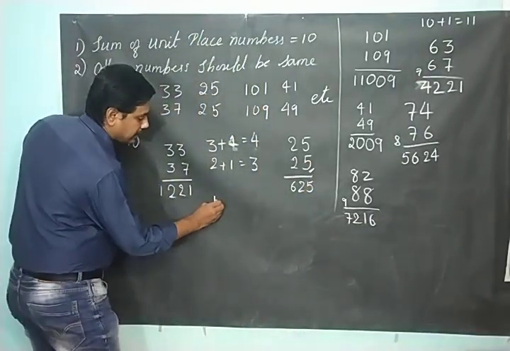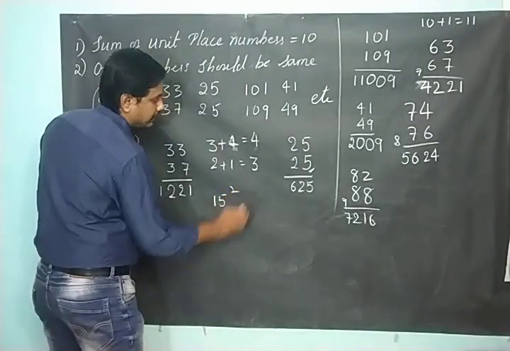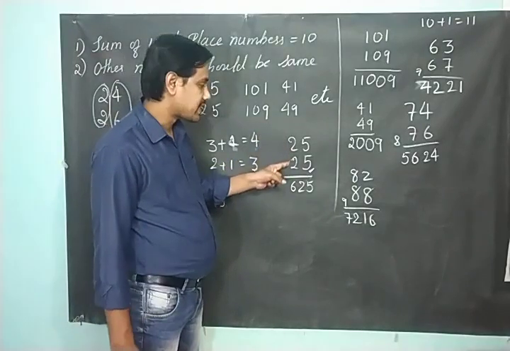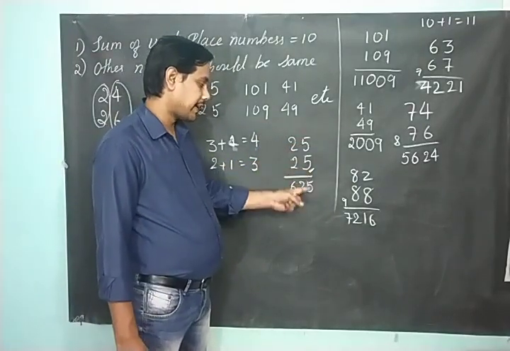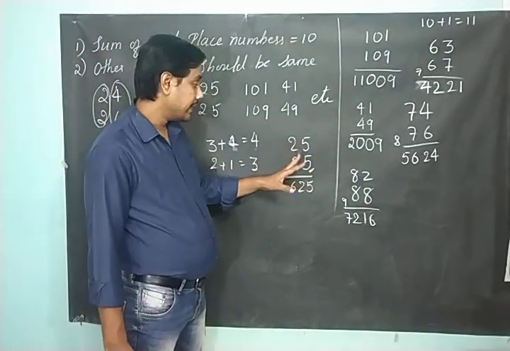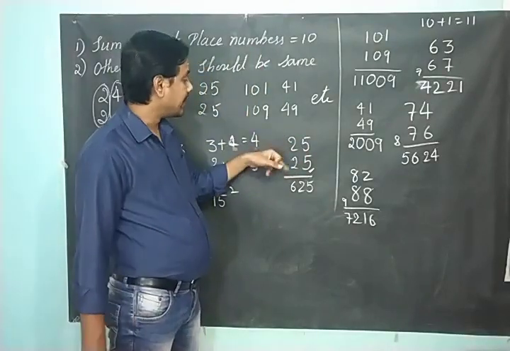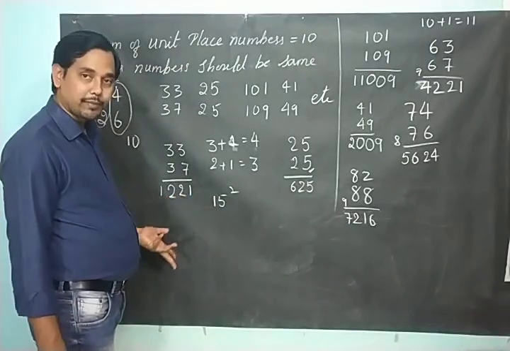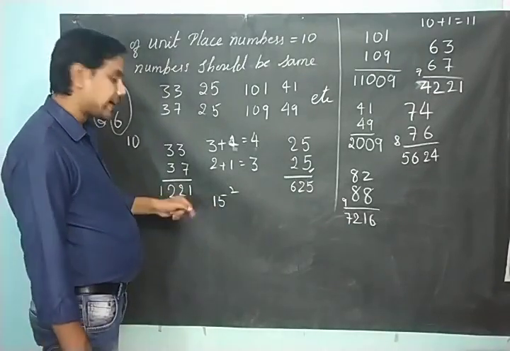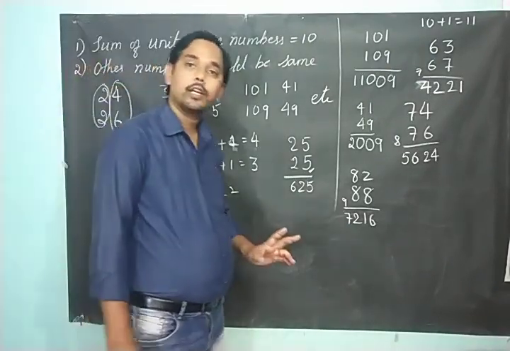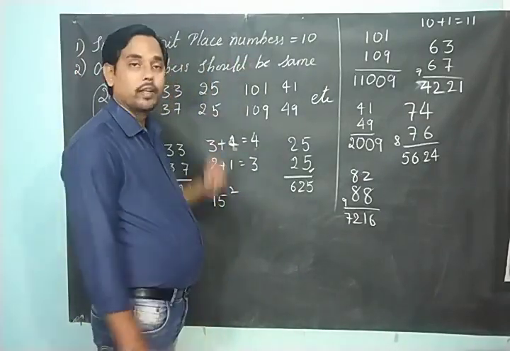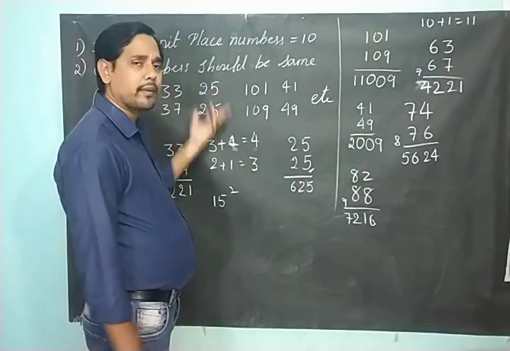For example, 15 square is nothing but 15 into 15, which satisfies 5 and 5, whose sum is 10, and the remaining numbers are the same.